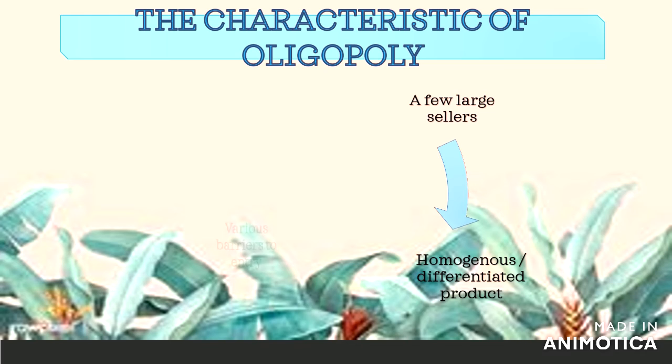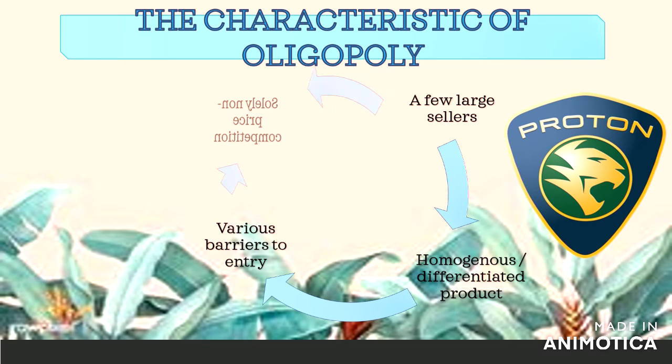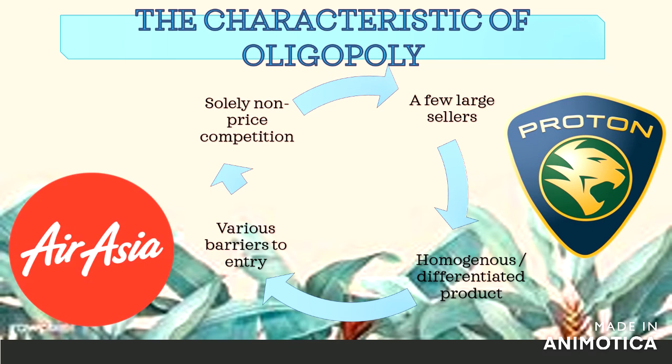Then non-price competition: solely non-price competition, because a price war is totally avoided, and non-price competition comes in terms of better service, advertising, and research and development. We have examples like Proton and AirAsia.